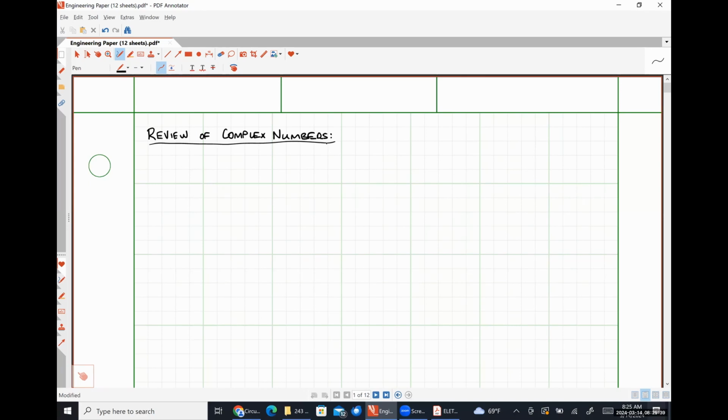Absolutely right. Okay. So I'm going to put a complex plane here in the middle of the screen. In this complex plane, the real axis is the horizontal axis, and the imaginary axis is the vertical axis. And so we can express complex numbers in multiple different forms.